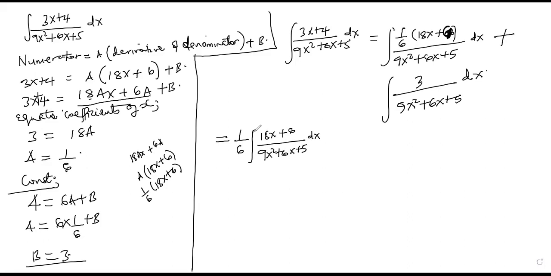Nagato, what is it? Then plus, here you can move out 3, integral of 1 over 9x squared plus 6x plus 5 dx.